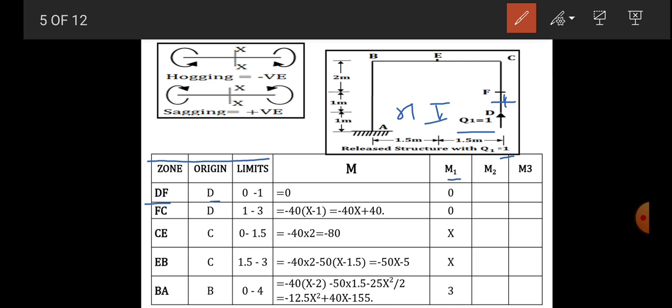But if you draw the line of action of that force, it passes through the origin of the imaginary axes. So there is no lever arm, and the moment will be 0. Now consider the second zone FC, and draw the imaginary axes for FC. Looking toward the origin D, there is only one force, which is vertical and passes through the origin of the imaginary axes, so no lever arm, and the moment will be 0.